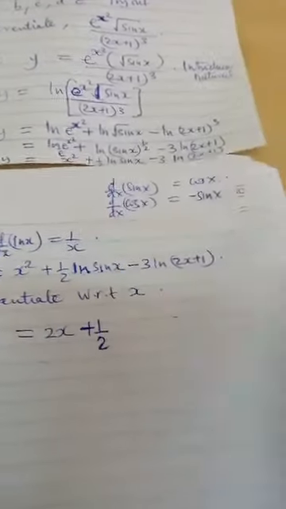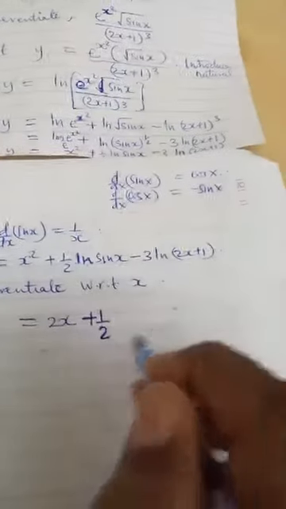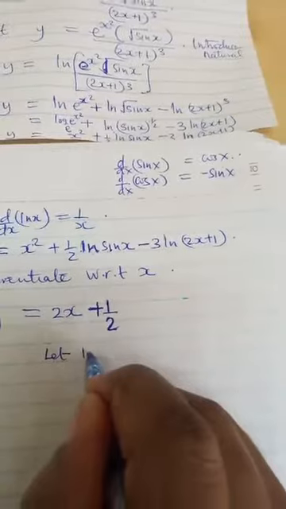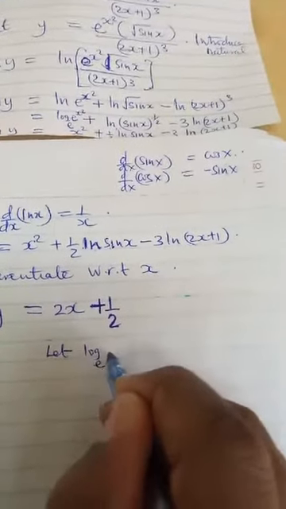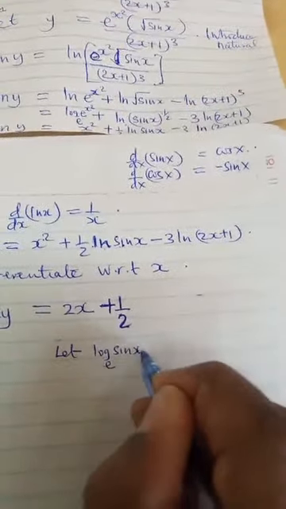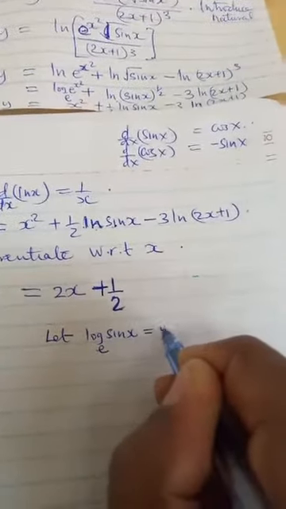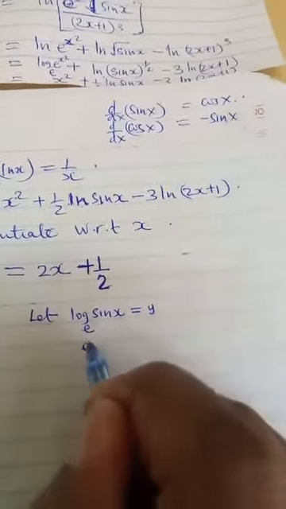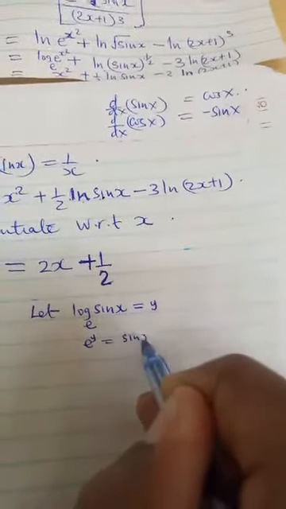But let me emphasize this. If I let my ln be written as log base e of sine of x, for example, and I equate it to y as a simpler case, it means e to the y is equal to the sine of x. I want to get the derivative of this.